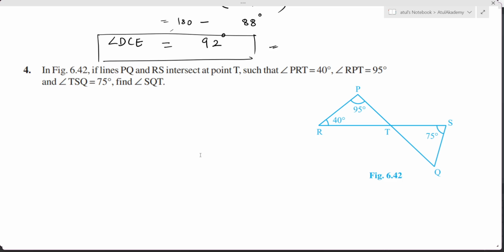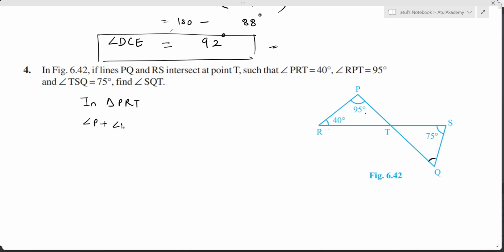So please remember all the concepts that you have done in 7th grade of lines and angles. Now we have angle PRT given as 40 degrees, RPT 95 degrees, TSQ 75 degrees. I have to find out this angle, and this angle. I think it's quite an easy question. First, in triangle PRT, I can use the angle sum property.